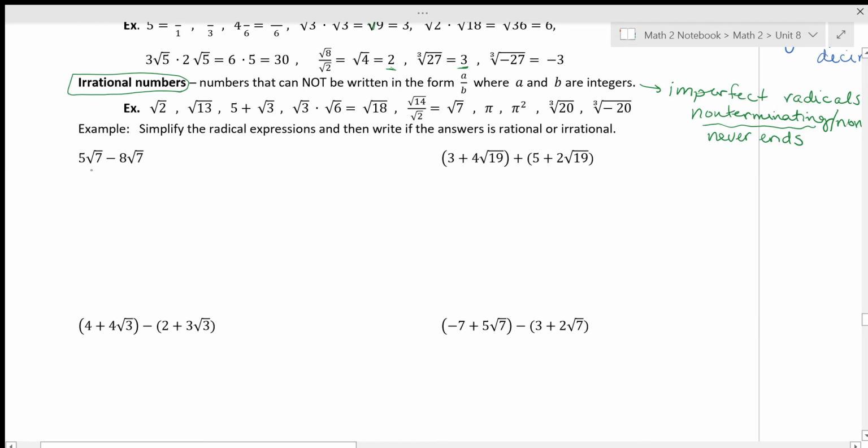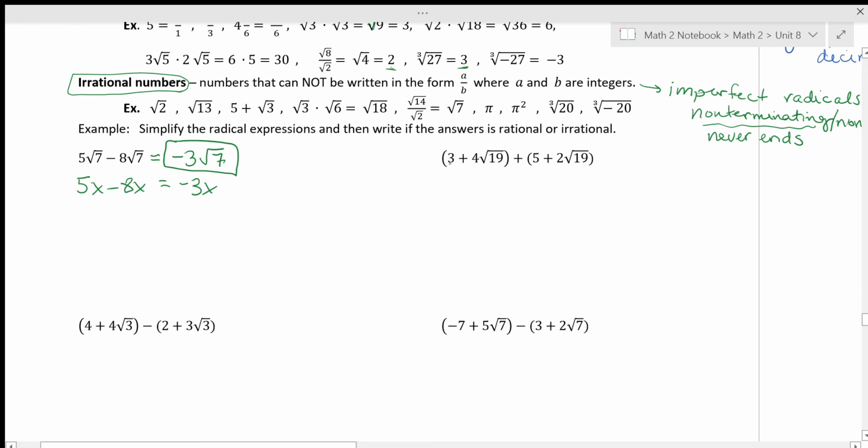So when we have 5 root 7 minus 8 root 7, because they both have root 7s, we can combine them, and that would be 5 minus 8, and then the root 7 stays the same, right? It's like if we had 5x minus 8x. That would be negative 3x, right? It's going to act the same like that. 5 root 7 minus 8 root 7 is going to be negative 3 root 7. So there's our simplified expression.